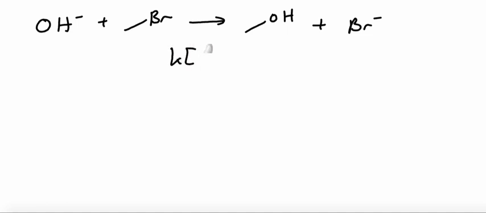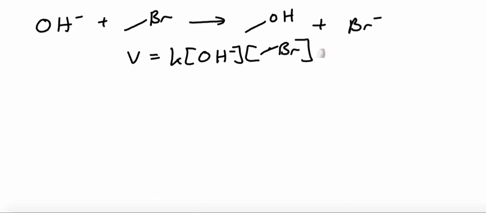The rate is equal to K times the concentration of hydroxide ion times the concentration of methyl bromide. You would be tempted on seeing this to say, oh, I can always do that. There's one of these here, so the exponent here is 1, and there's one of these here, so the exponent is 1 here, and so you can get the rate law from the overall reaction.